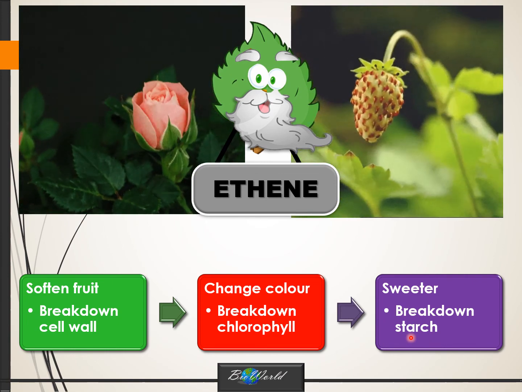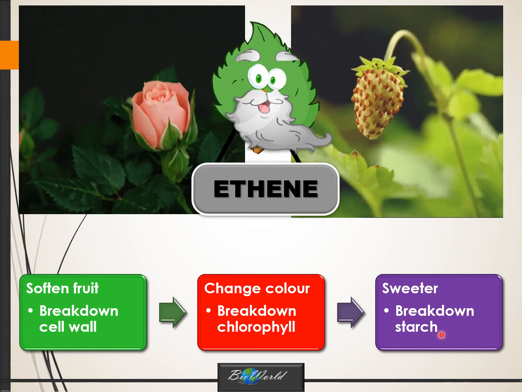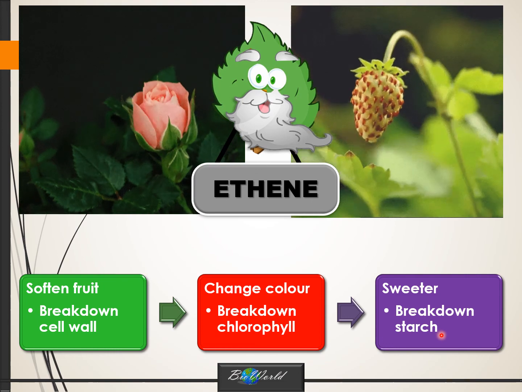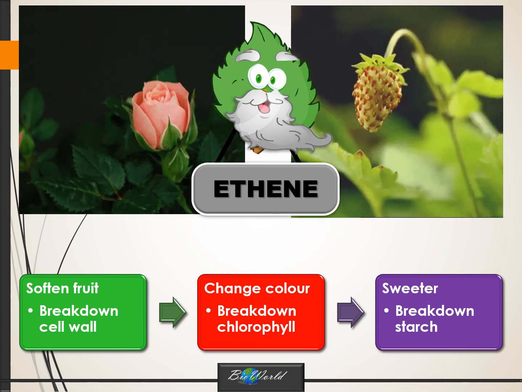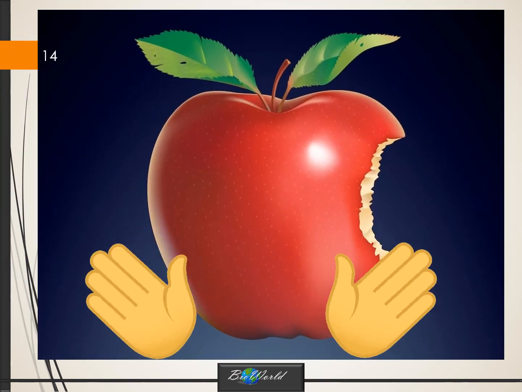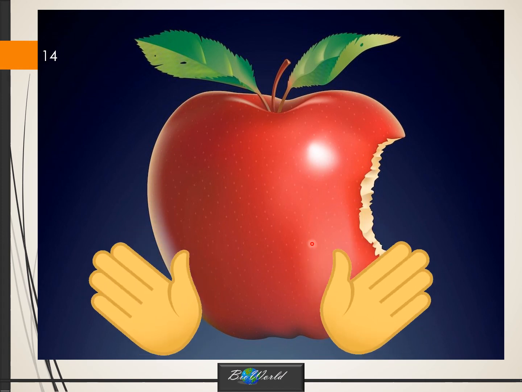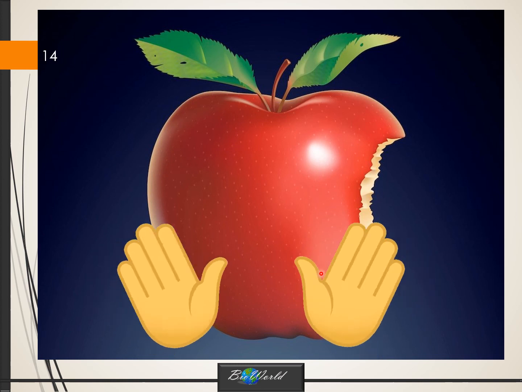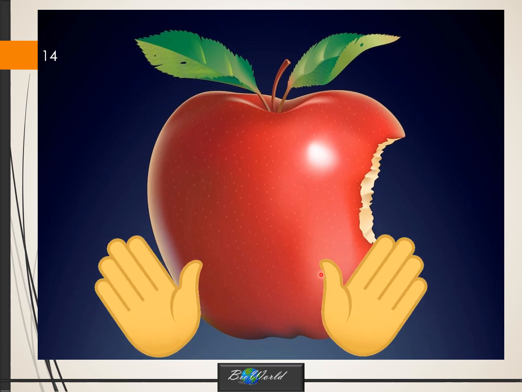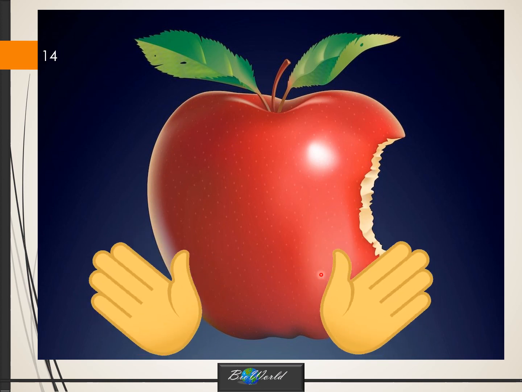Now, the enzymes will break down the starch and whatever other storage nutrients into monosaccharides. And monosaccharides provide the sweetness to the fruit. That I conclude the story of the two aging enzymes that are involved in the development of a plant.